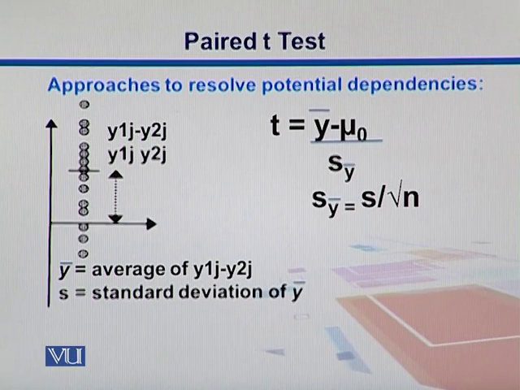Doing a paired t-test is just like doing a one sample t-test. We have this distribution of differences, you can come up with the mean of this distribution, and then plug the mean into the t equation, which, as I said earlier, is the equation for the one sample t-test.